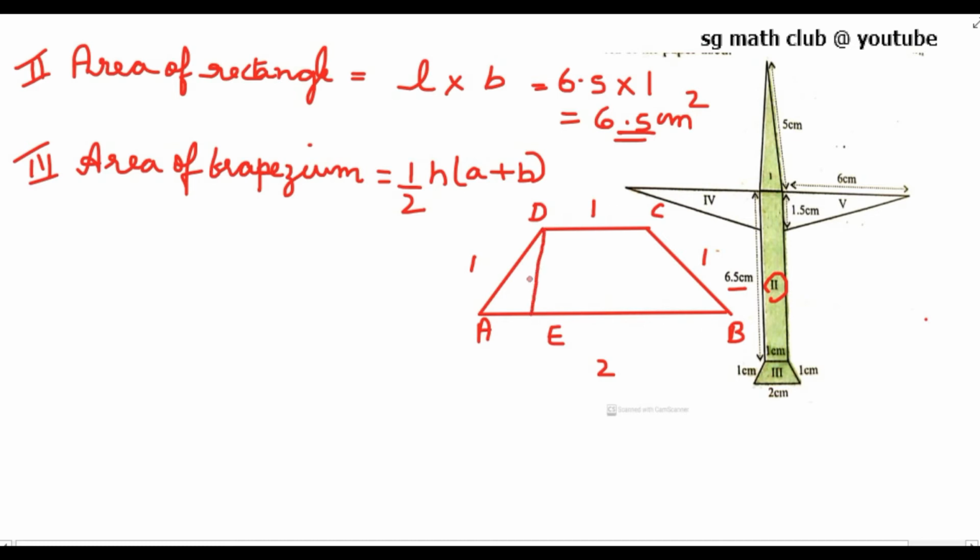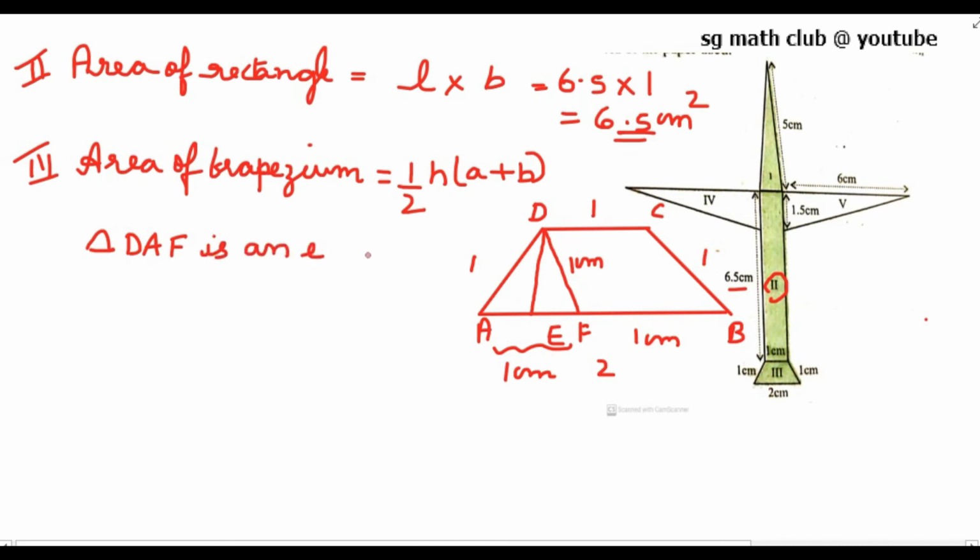To find the height of this trapezium, I am going to construct a line segment DF such that FB is also 1 centimeter. You have studied this procedure in the construction of a trapezium. Now FB is 1 centimeter, therefore AF is also 1 centimeter, and DF is also 1 centimeter, so in triangle DAF all the sides are equal to 1 centimeter.